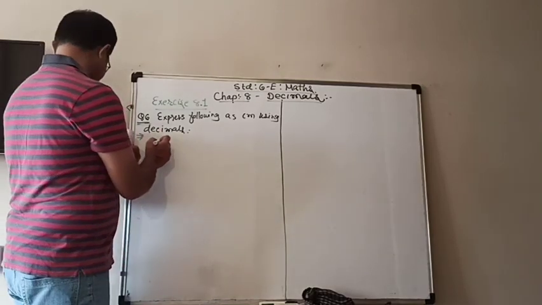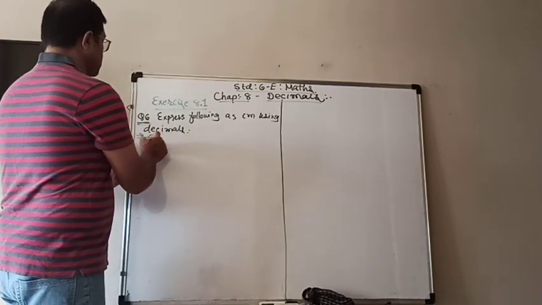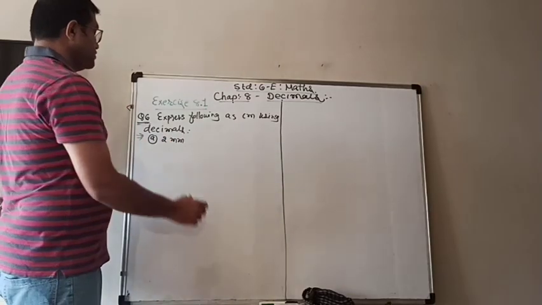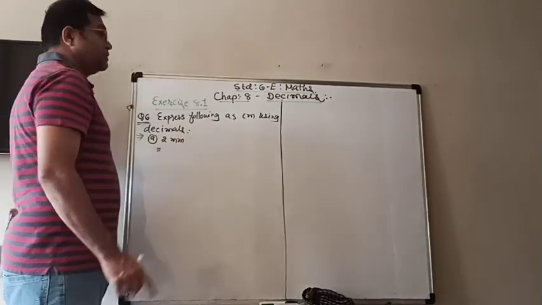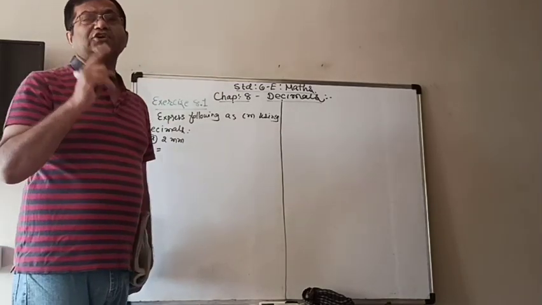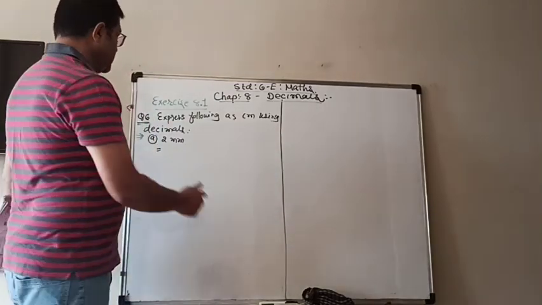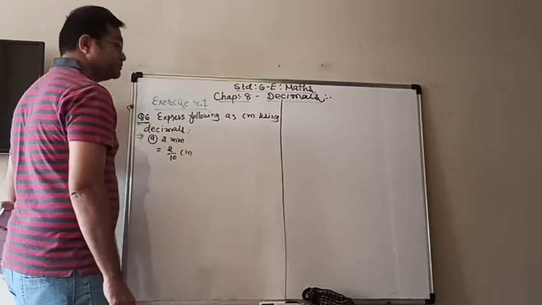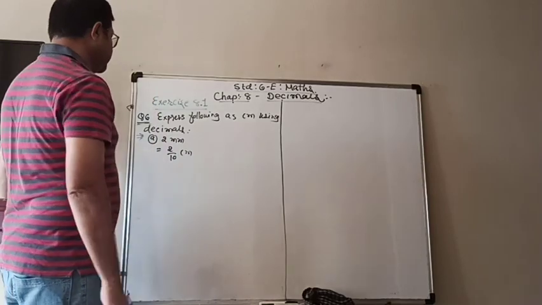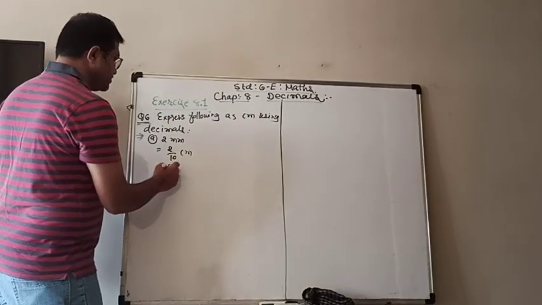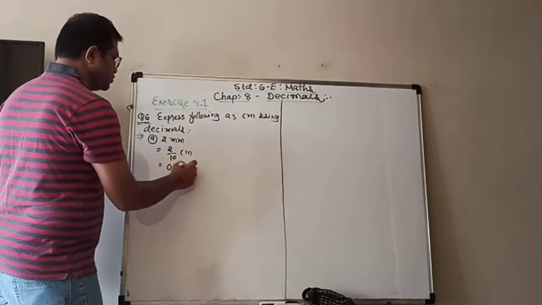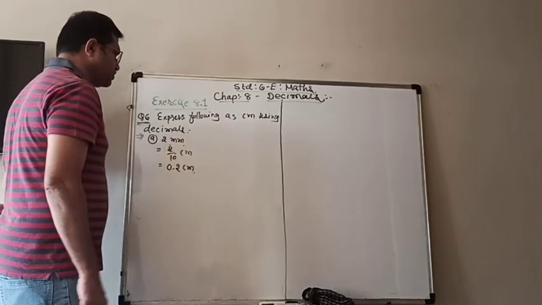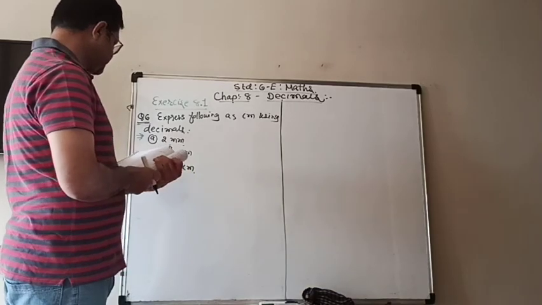First one is 2 millimeter. So millimeter is 10th part of the centimeter. It means that it is 2 upon 10 centimeter. 2 upon 10 we write down as 0.2 centimeter. So 2 millimeter is 0.2 centimeter.